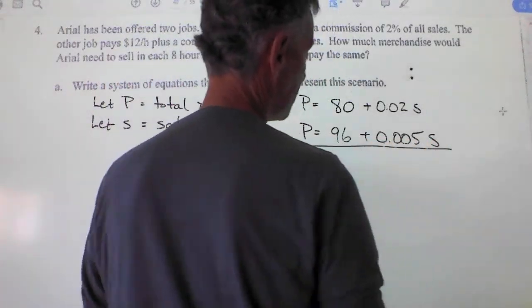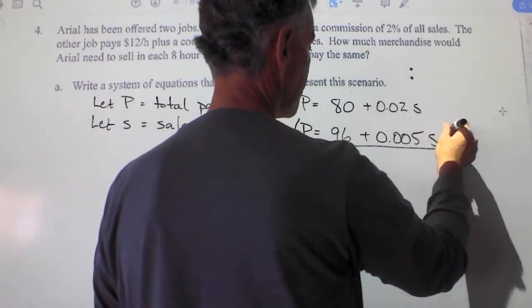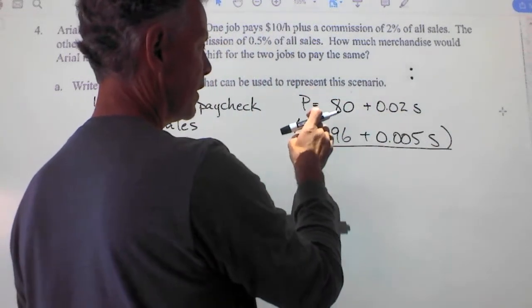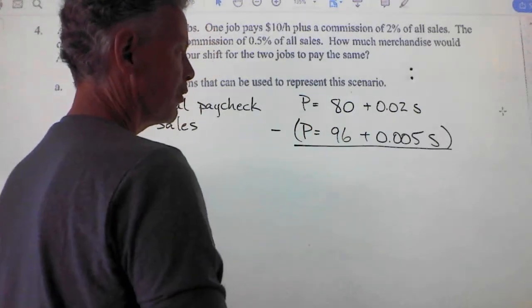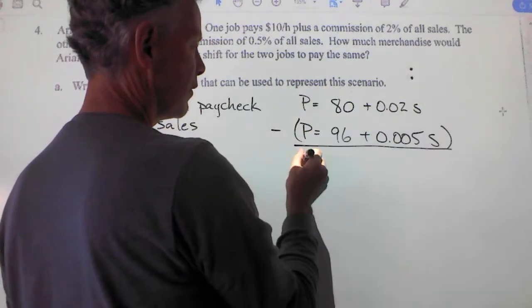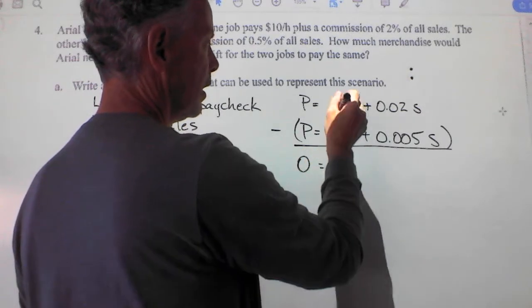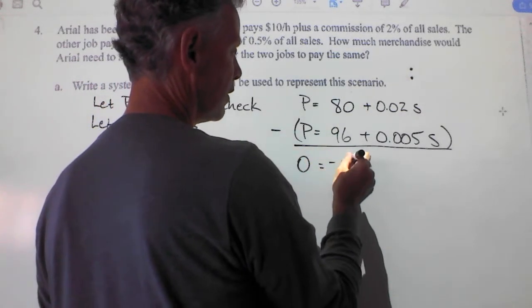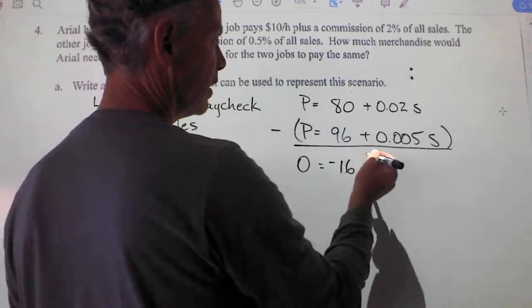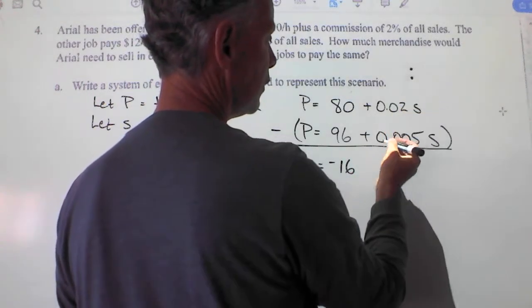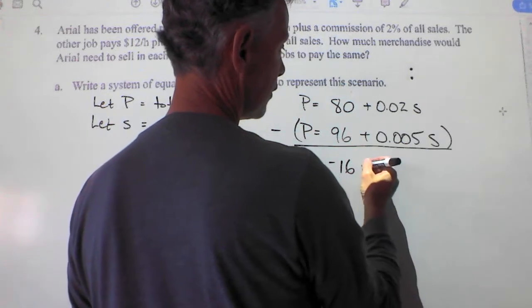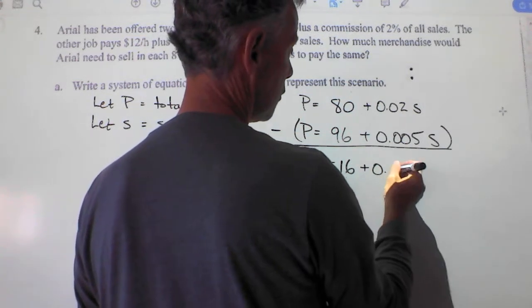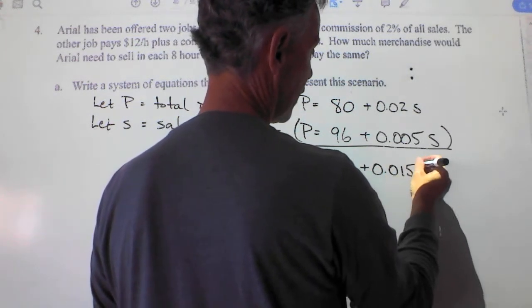I'm going to solve by elimination. Since the sign on P is the same, in each case they're both positive, we'll subtract. That gives us P minus P is 0. 80 minus 96 is negative 16. And 0.02 minus 0.005 is 0.015 S.